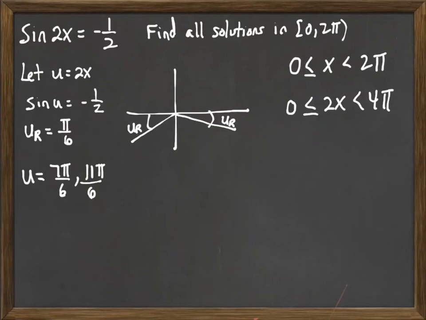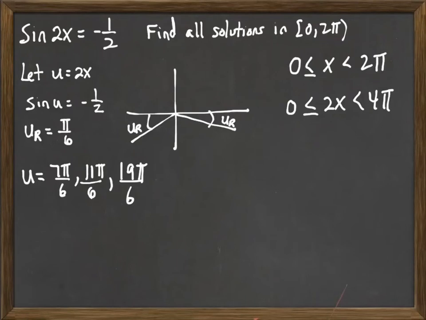So to find those new angles, we just need ones that are coterminal with the ones we already have. So we can do that by just adding 2 pi onto the angles. So 7 pi over 6 plus 2 pi would be 7 pi over 6 plus 12 pi over 6, which would give us 19 pi over 6.